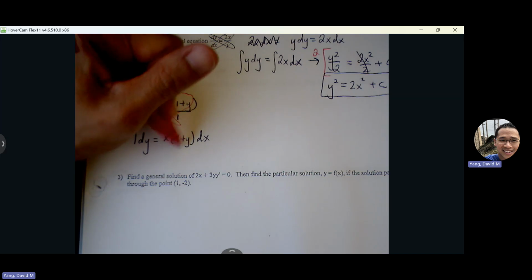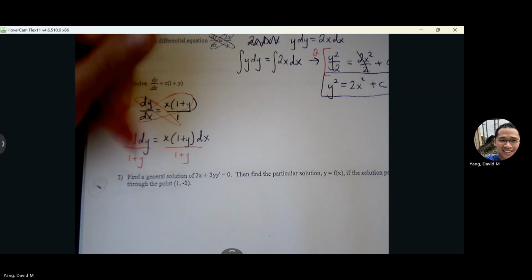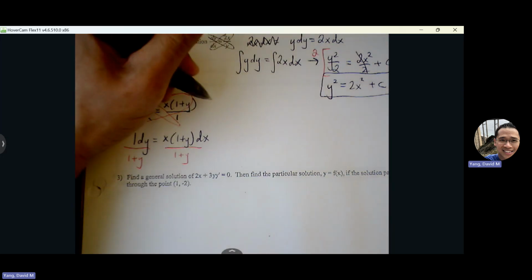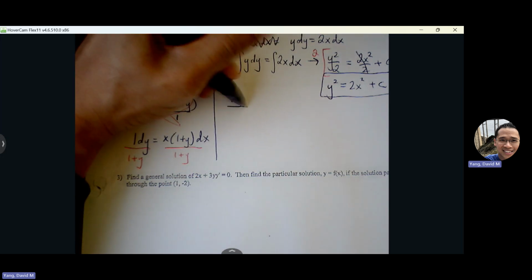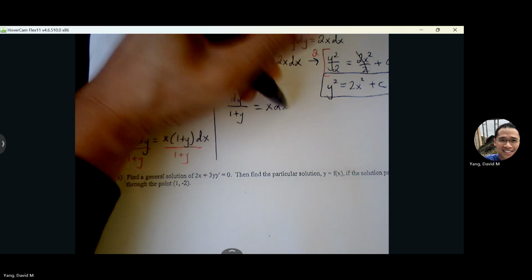We're not just going to move the y, we're going to move the whole parentheses. So divide both sides by 1 plus y. It's okay to have x's or y's in the denominator. It's not okay to have dy or dx's in the denominator. So we're left with dy over (1 plus y) is equal to x dx.